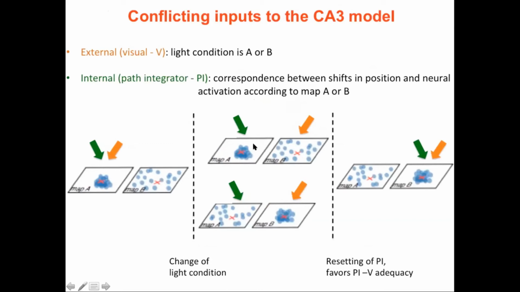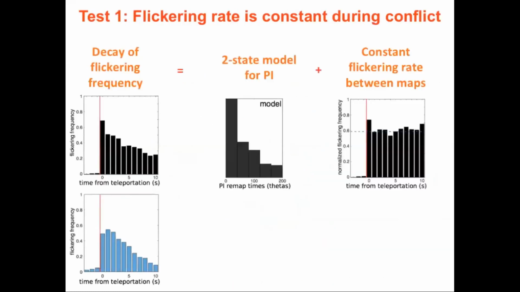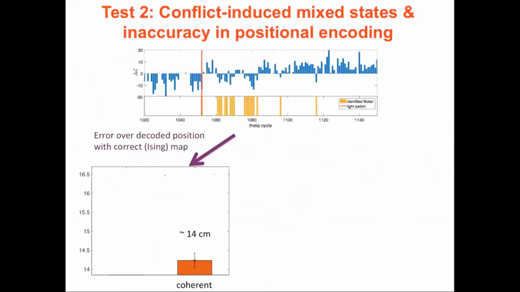So that means we don't have a pure representation as we would have before or long after the light switch, but we have a slightly disturbed representation where some neurons which do not correspond to the loaded map are activated but point to the right position in the other map. So we have a slightly mixed nature of representation in the model, and we see that also in the experiment.